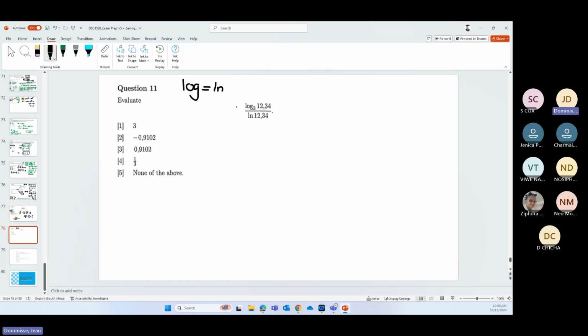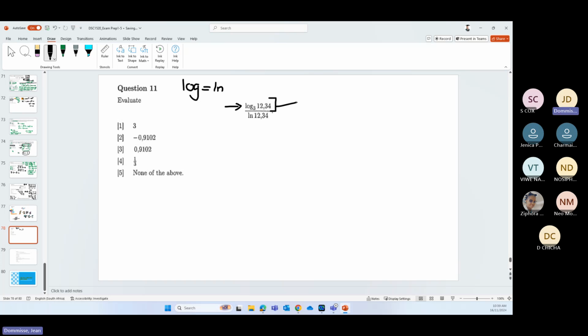Some of your calculators, you can actually put in log base 3 of 12.34. I've got the HP, I can't, so mine does not work like that. But there is a solution to that in any case.